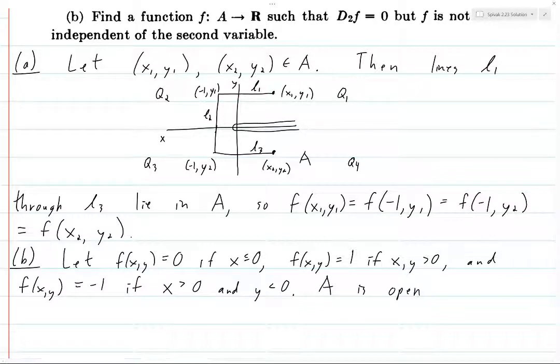A is open because you can choose any point in A and get a neighborhood around it which is entirely in A. And the way you choose this neighborhood is that if you have a point in quadrants 2 or 3, then you just choose a box, an open neighborhood, whose radius is less than the distance to the origin.